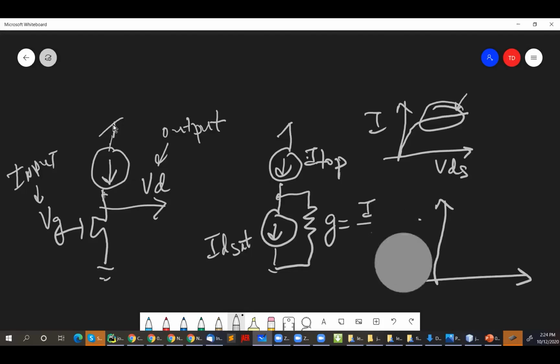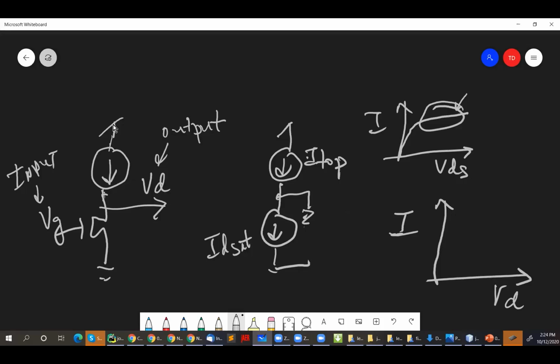What people usually do then is plot a picture of the current as a function of VD. Let me put my little resistor. You have one flat line here, which is the I top, right? Then you plot this similar curve down here at the bottom.